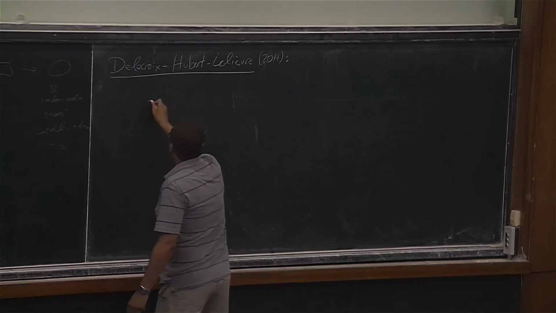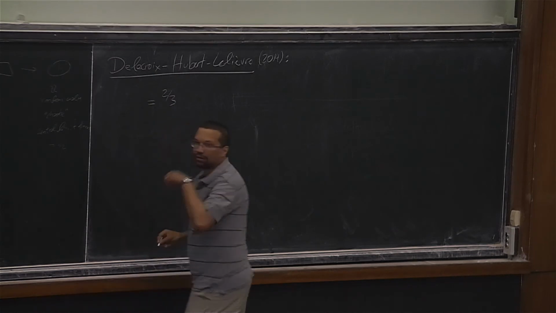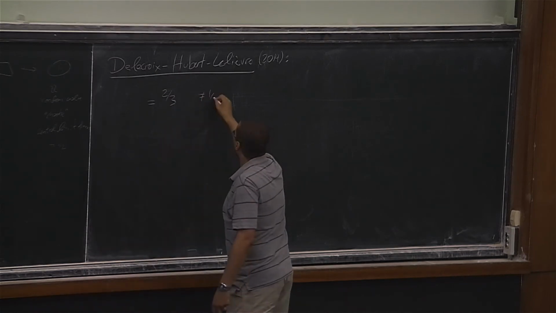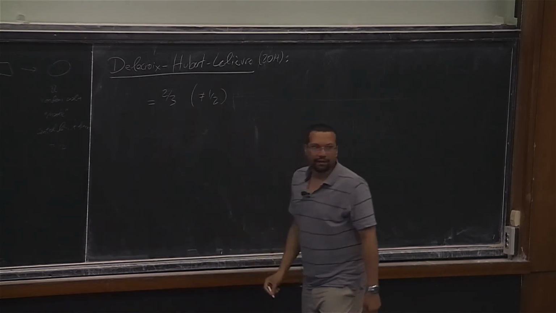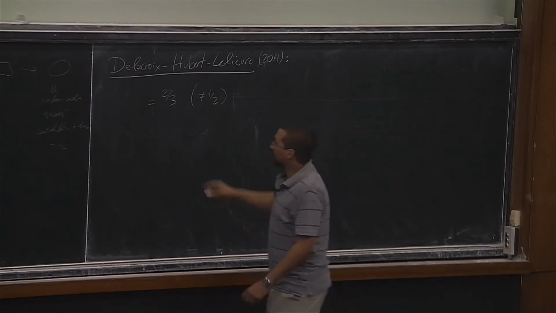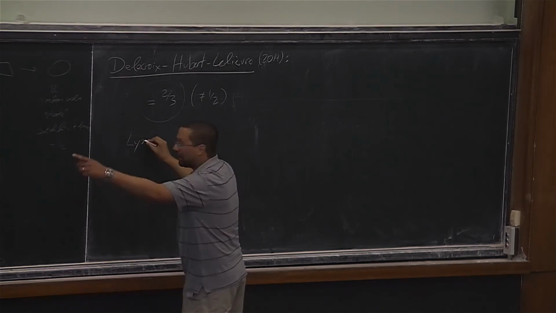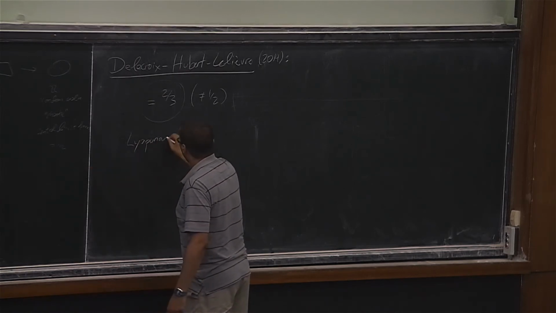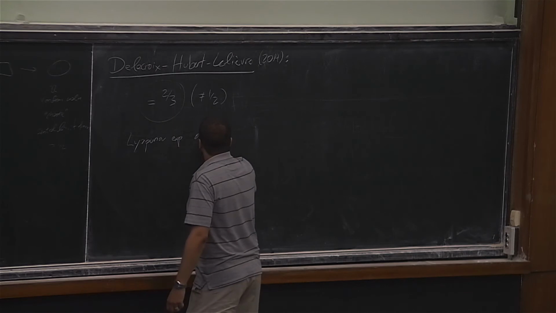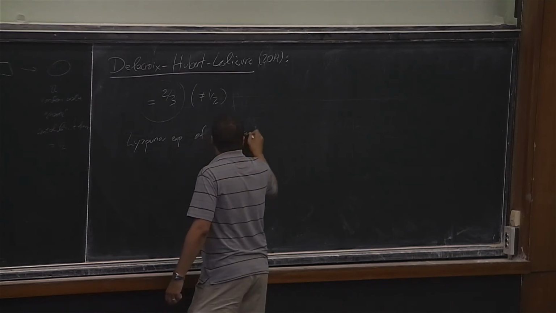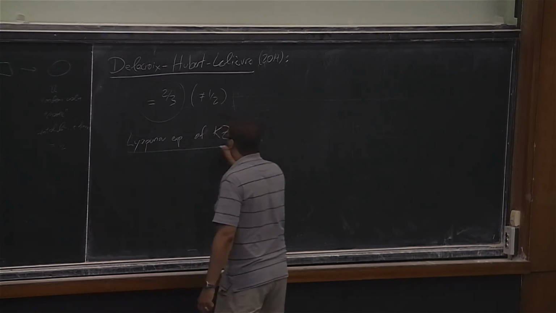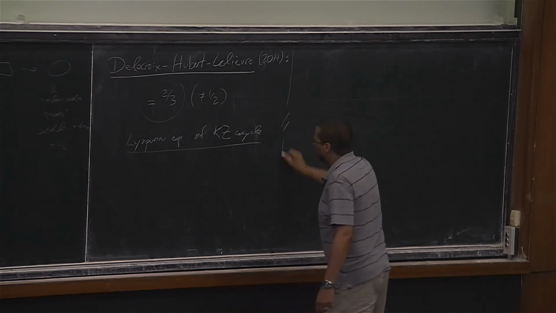They proved that this diffusion rate is 2/3. In particular, different from 1/2, but it's more information. And to this day, the only explanation I have for this number is that it's a Lyapunov exponent of the Kontsevich-Zorich cocycle. And we have no elementary explanation for these 2/3.